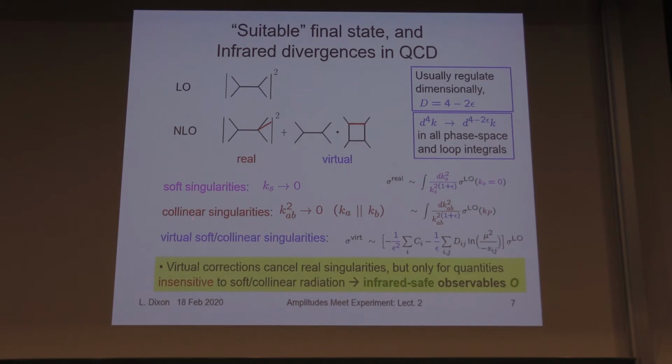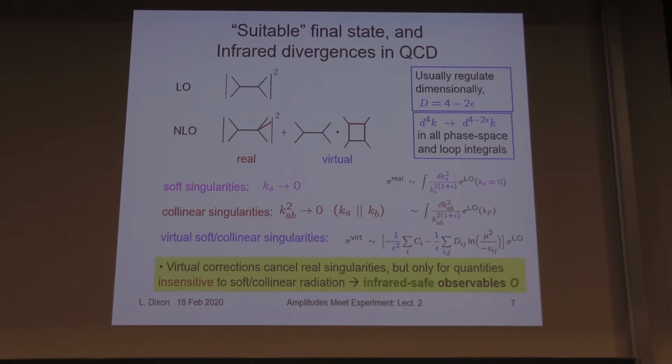So the soft singularities in momentum space, when you regulate in dimensional regularization, will generically have a form that is logarithmic in the magnitude of the soft momentum, but instead of getting a log divergence, you'll get a pole in epsilon, the difference of the dimension from 4.